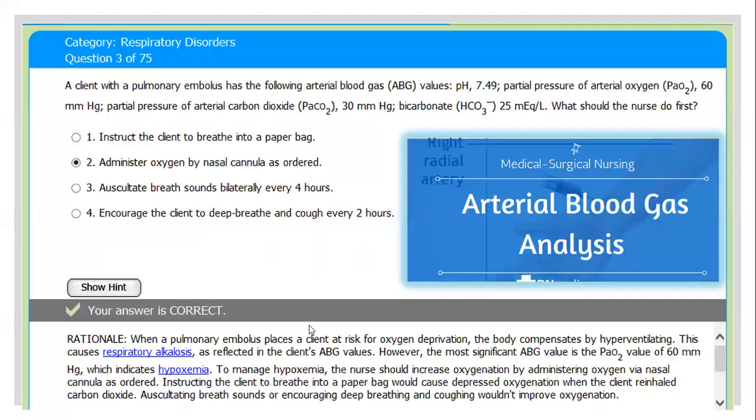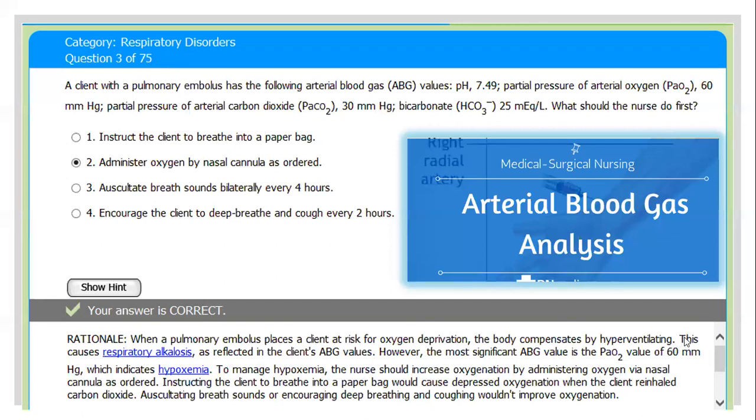So what are their rationale? When a pulmonary embolus places a client at risk for oxygen deprivation, the body compensates by hyperventilating, right?